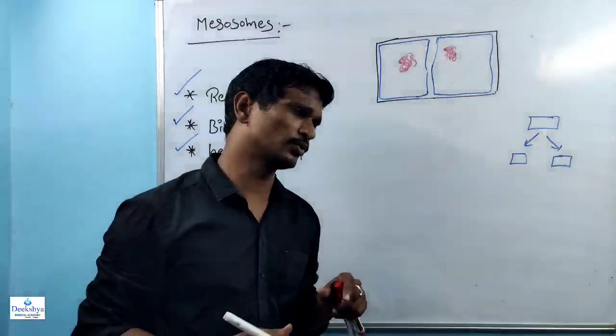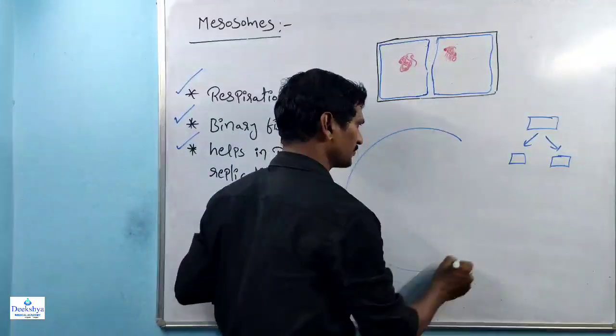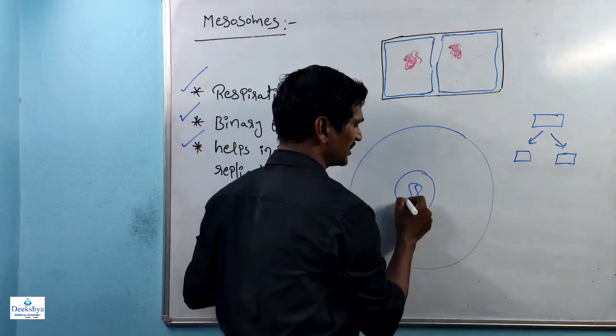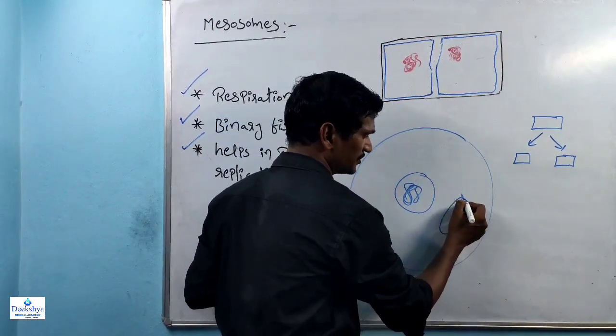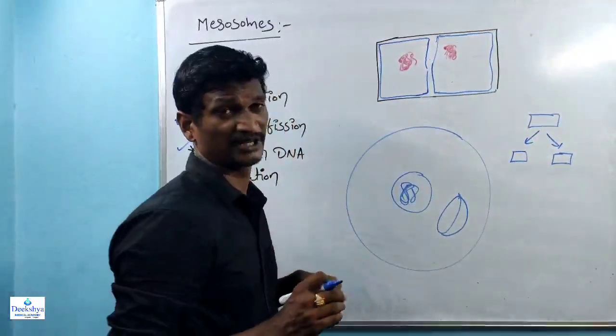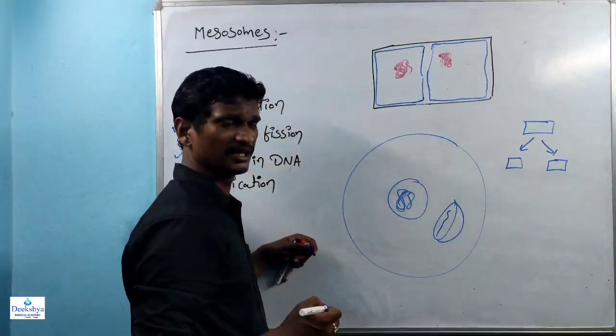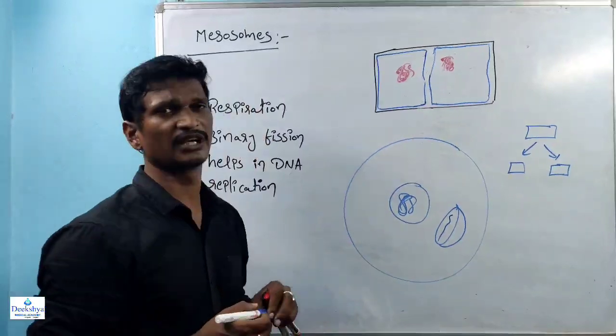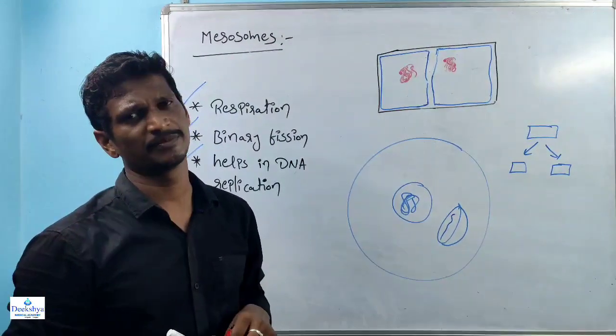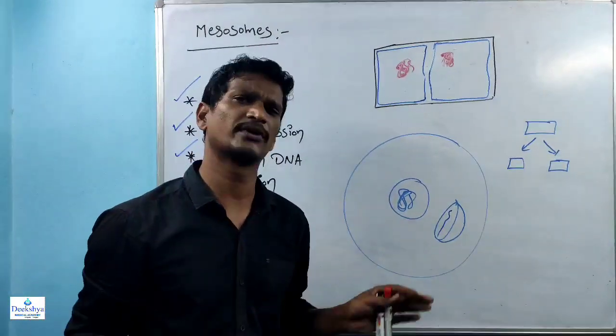Remember, in a eukaryotic cell, this is the nucleus. For energy, for ATP production, there is a mitochondria, which is responsible for ATP synthesis. Remember, every cell requires energy.